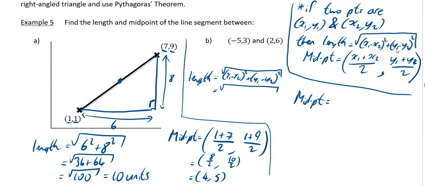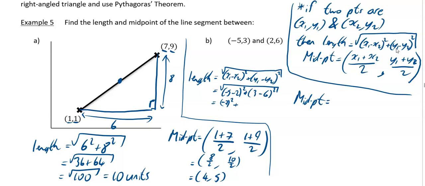Your x1 was -5 and your x2 was 2, so it's -5 minus 2, that gets squared, plus, and then your y1 was 3 and your y2 was 6. So tidy that up. -5 minus 2 is -7, squared.